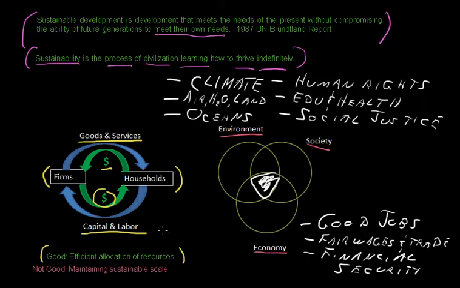The environment provides resources and environmental services like clean air, water, land, stable climate, minerals, food, and fuels. So we'll just show that here, and we'll label it as resources.